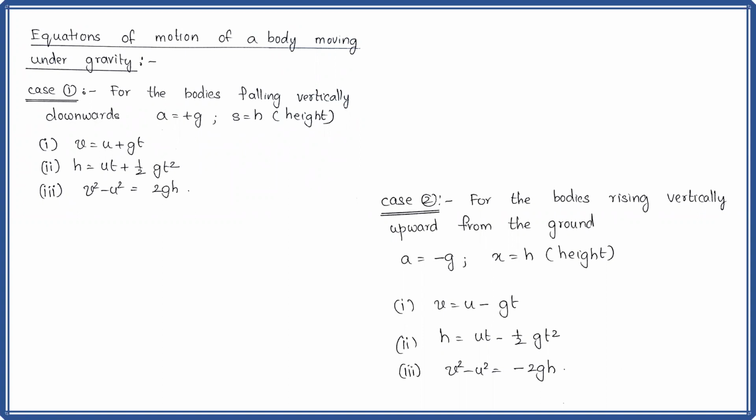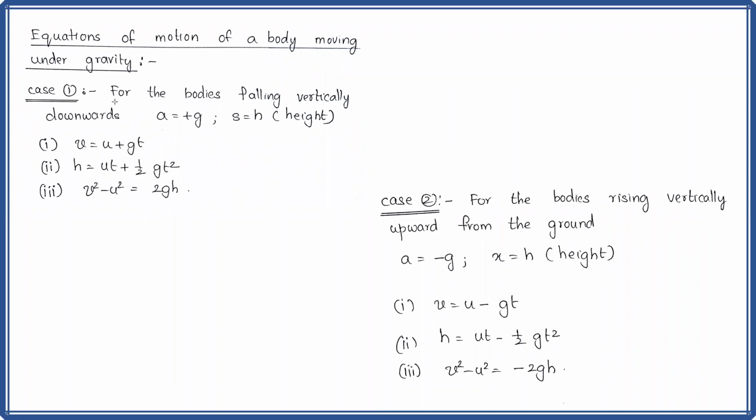That means if something is falling from a building or a mountain, or something is thrown from the bottom of the earth to some height, then we have different equations. In place of acceleration, we have to substitute acceleration due to gravity.